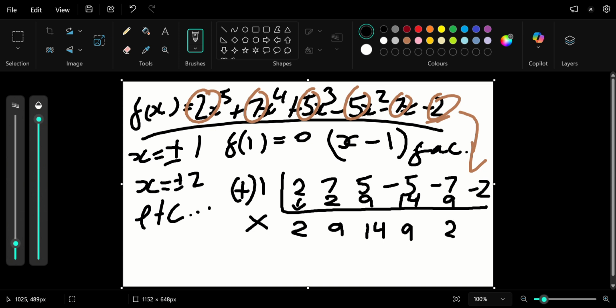Minus 7 plus 9, 2. Minus 2 plus 2, 0. Usually, at the end here, this is our remainder, our r of x, but as you can see, r of x equals 0. So that means we'll be able to divide through perfectly and cleanly.